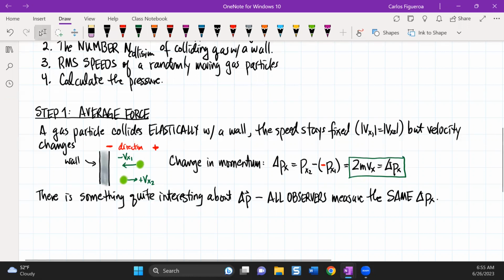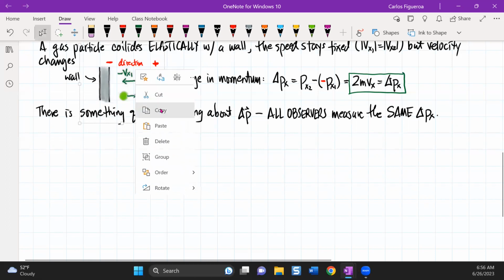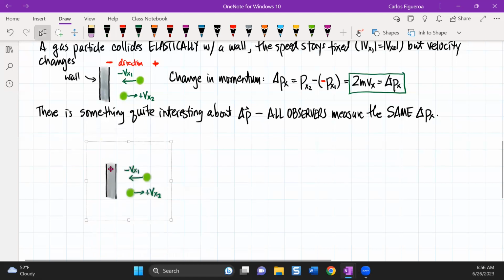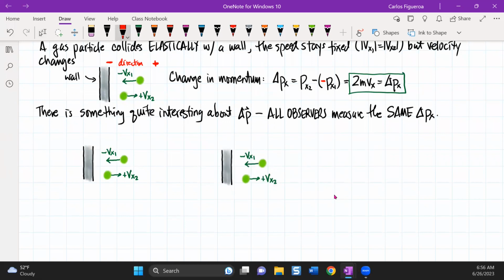What do I mean by that? I could pick 3 frames off the top of my head, but let's look at this. I'm going to copy this guy right here and place it again, because this is what's happening. I'll only do 2 frames, but I'll mention 3 frames. So I could have an observer right here.